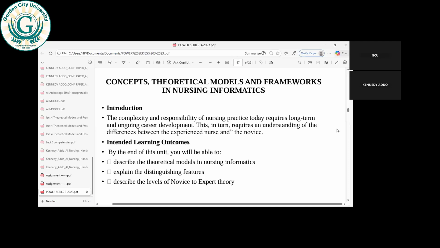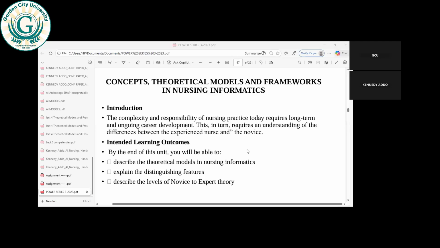Now, concept, theoretical models, and framework in nursing informatics. The complexity and responsibility of nursing practice today requires long-term and ongoing career development.